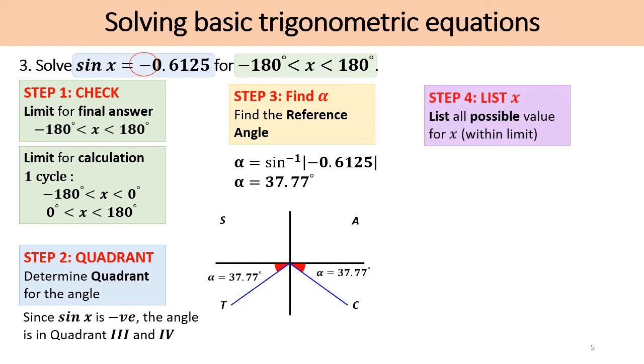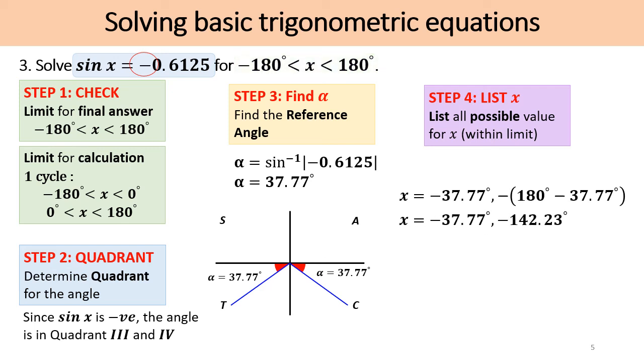Next is to list all the possible values for x within the given limit. So now we have x will be -37.77 degrees, and the next one is -(180 degrees - 37.77 degrees). So this will give us x equal to -37.77 and -142.23.